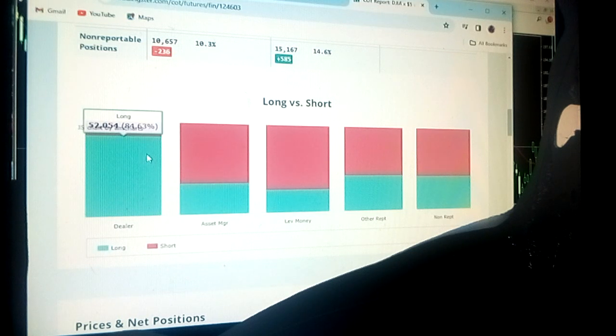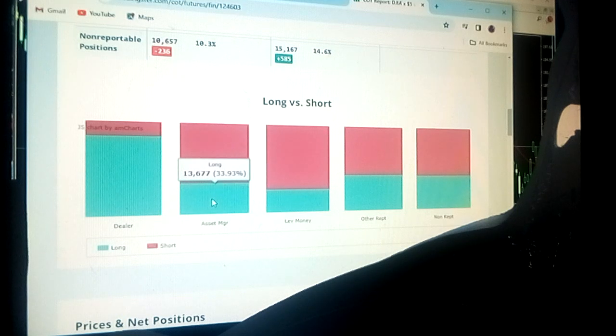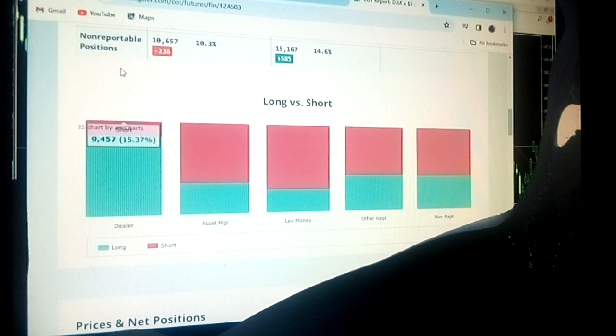You can see dealers going long, most of them. Asset management, half of it going long. You see others going long. At least most of these people here. Do you know why? Because the best way to trade a stock is going long term, okay. Long term is the only best way to trade stock.